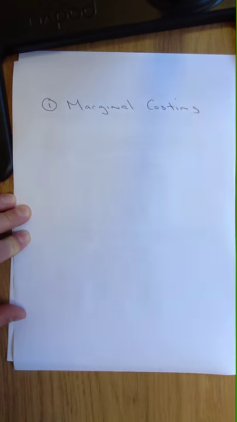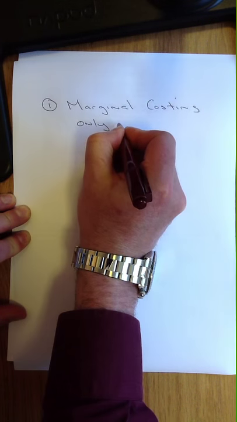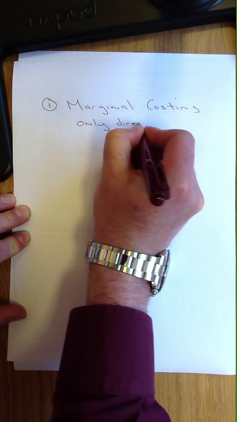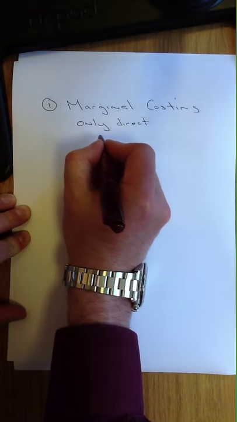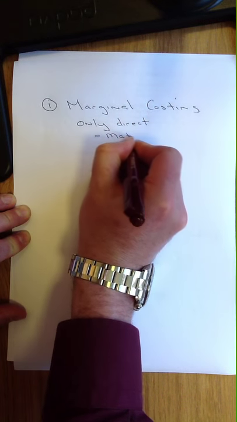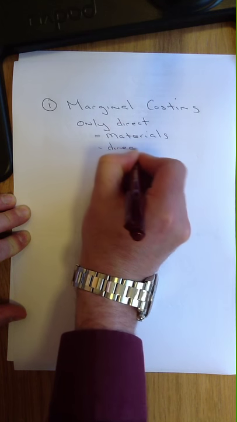Marginal costing is where, when the cost of a product has been calculated, it only includes the direct costs, the costs that are used to make the product. For example, materials and direct labour.